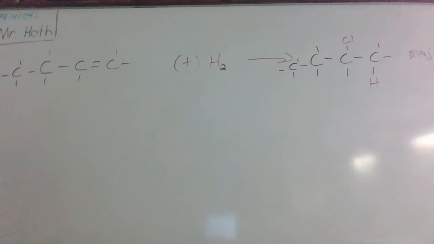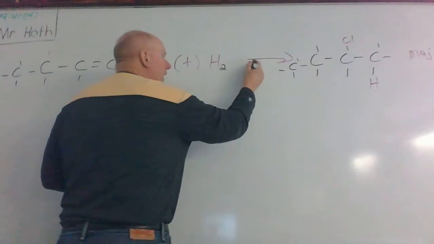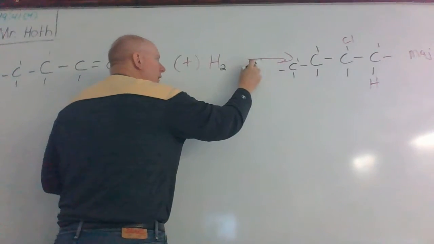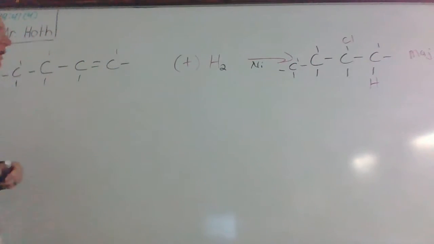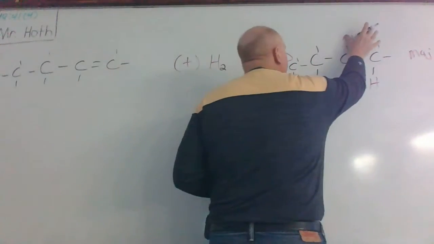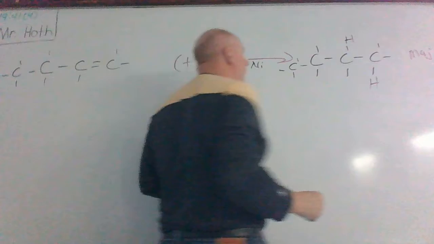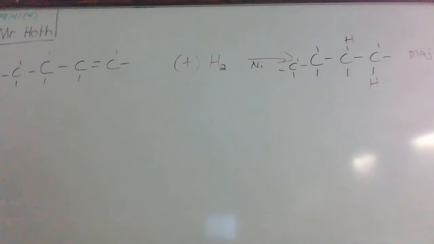That exception would be what? We need a catalyst, some sort of metal catalyst, whether it's nickel, aluminum, iron, platinum. If you have a metal catalyst here, well, then you're going to go ahead and have your reaction proceed. Okay.